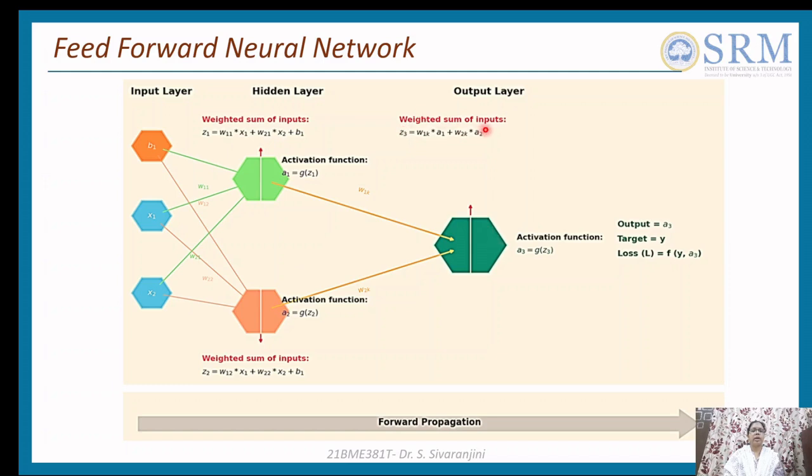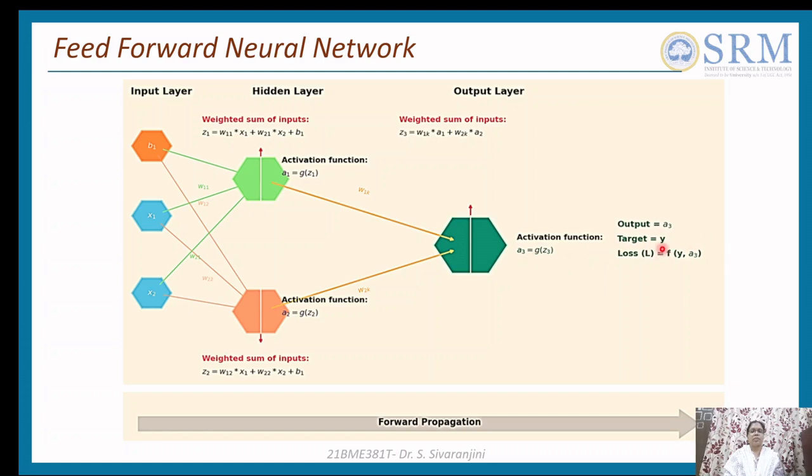Here too, the weighted sum of the inputs, which are A1 and A2, is calculated along with the weights: W1K with respect to A1 and W2K with respect to A2. Then it moves on to the activation function that receives the input Z3, and this gives you the output A3, which is the prediction.